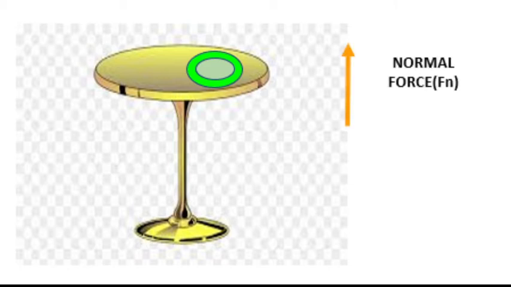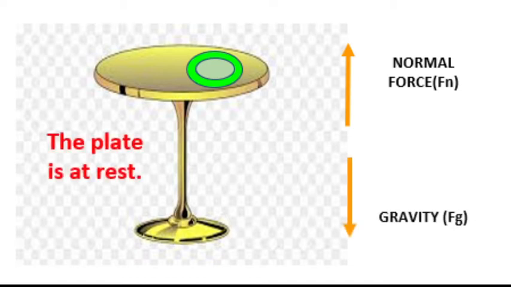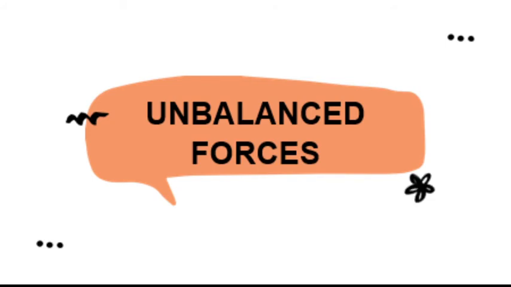The upward force exerted by the table, known as the normal force, is balanced with the force of gravity. Therefore, the plate is at rest. Do you understand what balanced forces are? Now let us proceed to unbalanced forces.